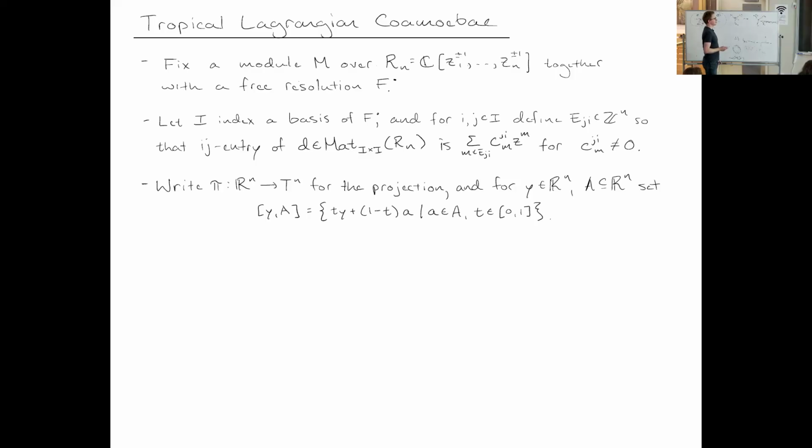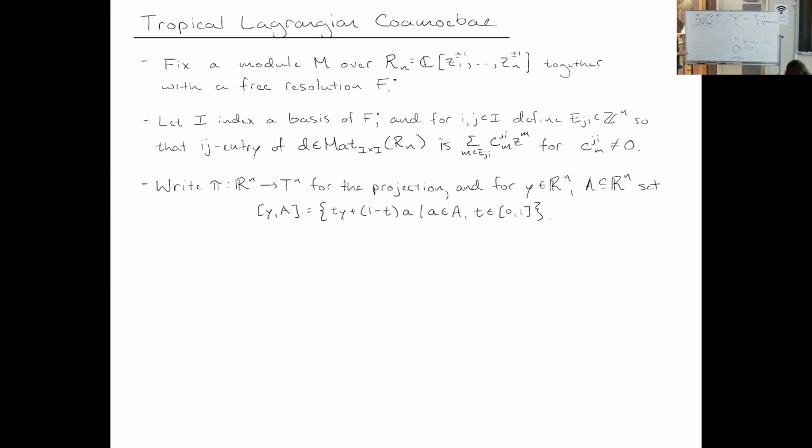From the point of view of the spectral data, that's a certain free resolution. Fixing the graph and letting the edge weights vary corresponded to fixing the exponents in that free resolution and letting the coefficients vary, the coefficients being the differentials in the resolution. So we can ask that same question now for any free resolution.